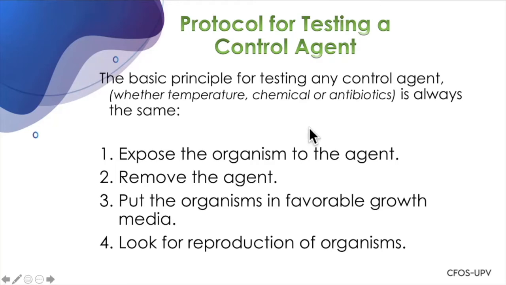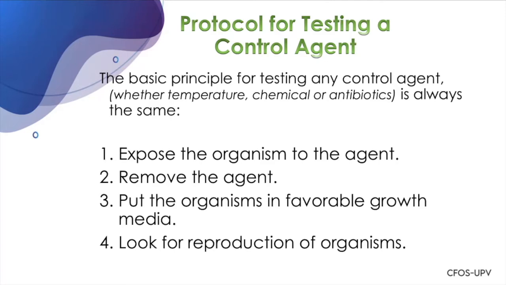Okay. So you have to expose, no, your microorganism sa 70% alcohol and sa 80% alcohol. And then after that, no, you remove the agent or you remove the alcohol. And then put the organism in a favorable growth media. And then check mo if that organism will grow.